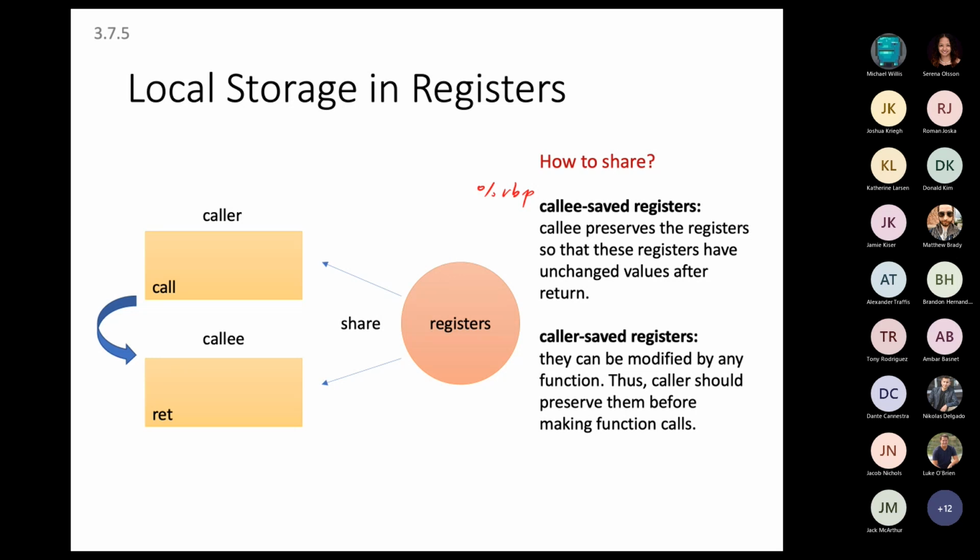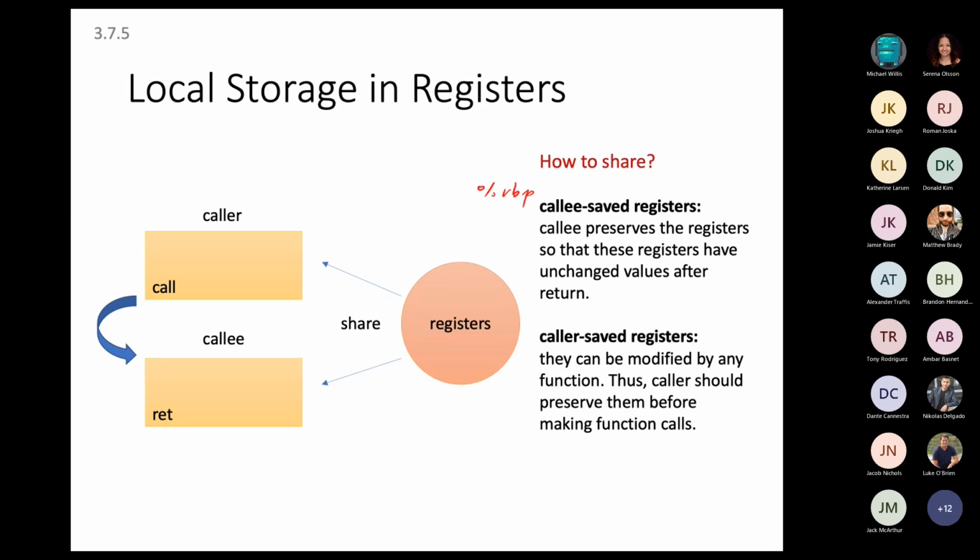In such a case, if the caller wants to preserve the value in a register, the caller has to save it. Otherwise, the callee could use the registers, change the value of it, and then the caller would lose the data. So it's the caller's job if the caller wants to have the same value inside of registers. So we call this caller saved registers.